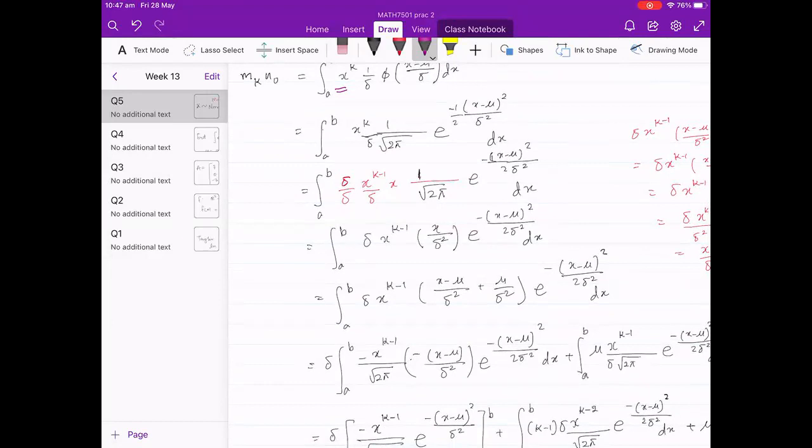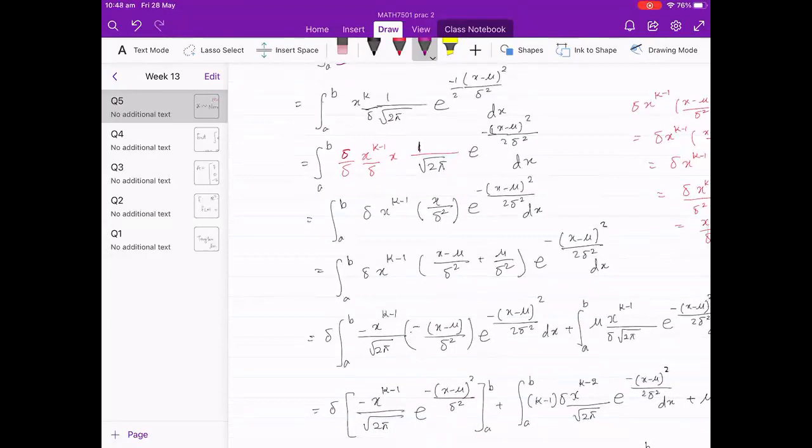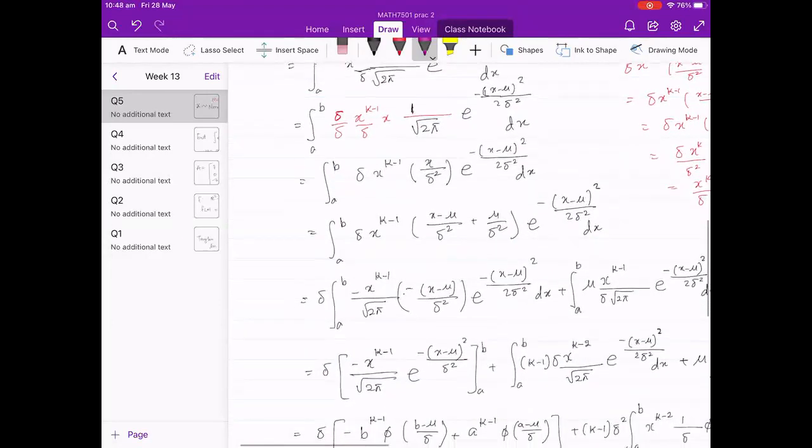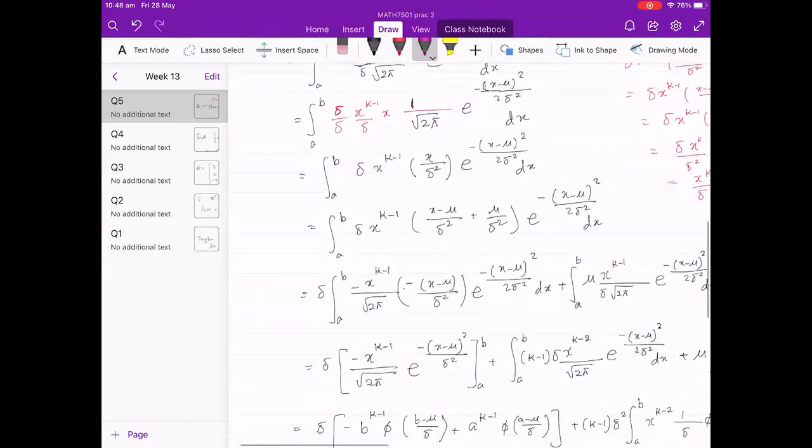X to the power k can be written as x to the power k minus 1 times x. And for sigma, I've written sigma squared over sigma, which is a quite complex idea, but I really need to get to that bottom part. So that can be rearranged as x to the power k minus 1, and this sigma squared is here, and this x goes here, okay?